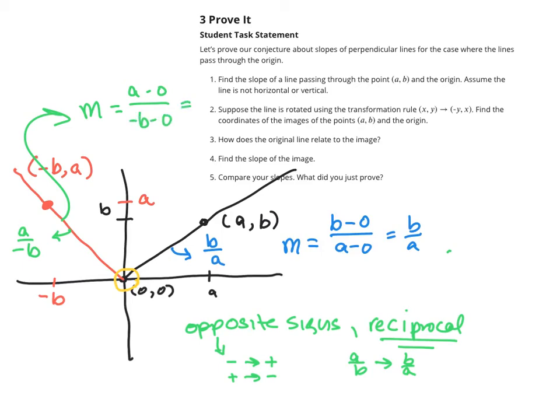That gives us negative a over b. All right, so we found the slopes of everything. Compare your slopes. What did you just prove? We proved the opposite sign reciprocal relationship that we proved in the last slide. It's all good.